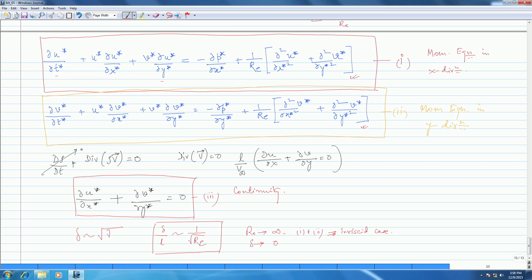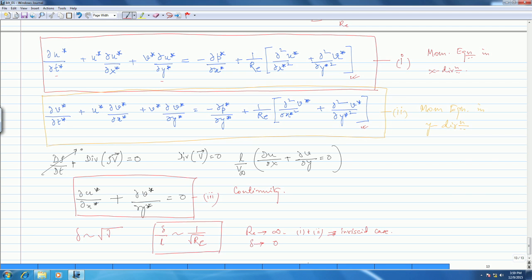Now if one of these terms, whichever, doesn't matter, is so minuscule, so small, that it doesn't contribute here, then it might as well be taken out, right? Which we can do, but what that means is that I cannot take care of the boundary layer. But what I set out to do is to develop boundary layer equations, which is what I want to study. So therefore this is a problem.